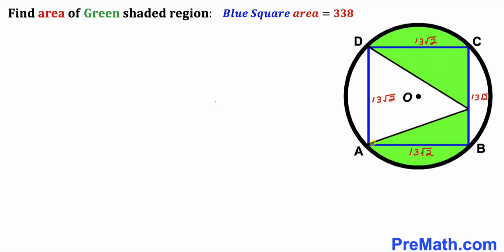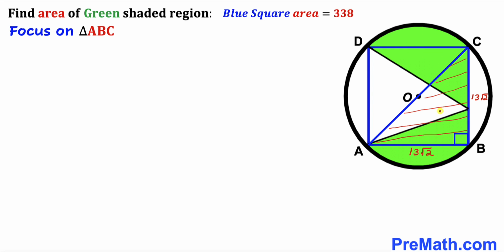And here's our next step. Let me go ahead and connect these vertices A and C. As you can see in this next step, this AC is the diagonal of this square. Since we are dealing with this blue square, all these interior angles are going to be 90 degrees each.